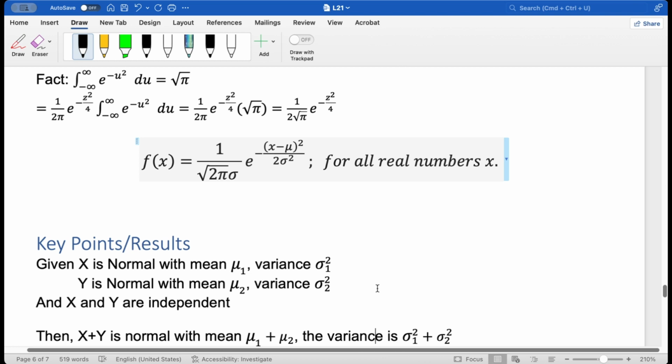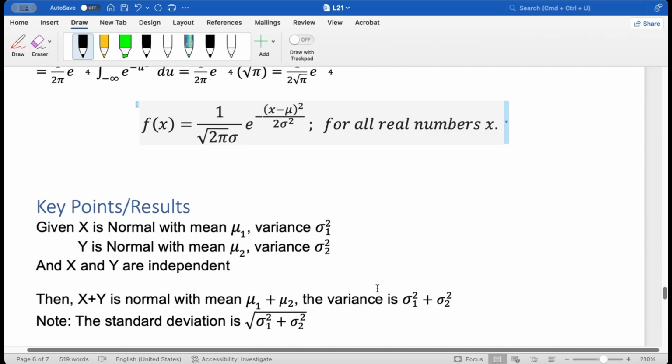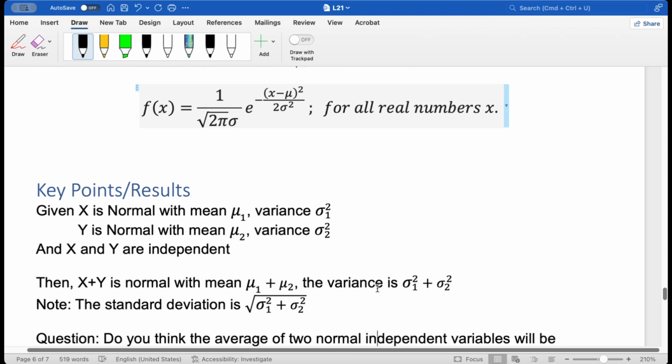So the mean is mu1 plus mu2. When independent, the variance is additive. It's sigma 1 squared plus sigma 2 squared, which in this case would have been 1 plus 1 is 2. And then the standard deviation is the square root of that sum. It's not just sigma 1 plus sigma 2. You have to work with the variance first, sum those squares up, then take the root to get the standard deviation of the sum. In this case, it's root of 1 plus 1, which is radical 2.